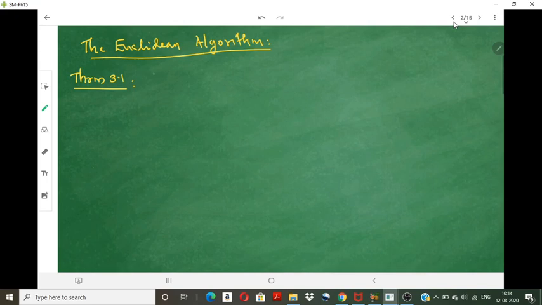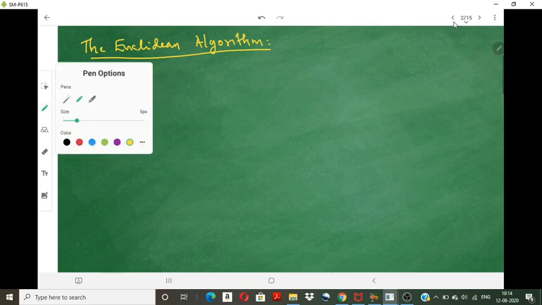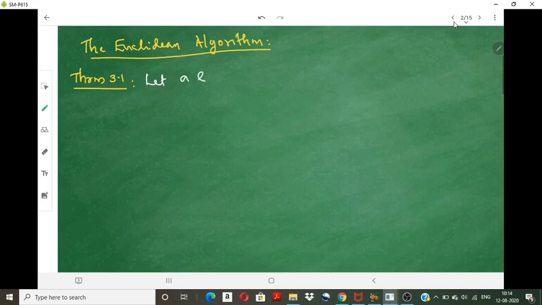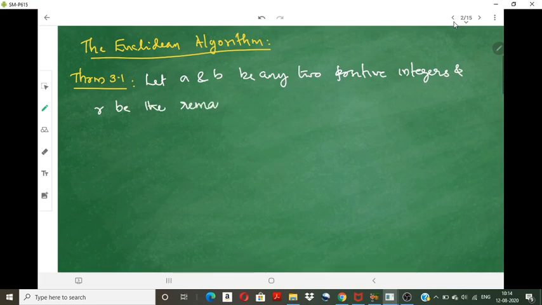Let a and b be any two positive integers, with a greater than or equal to b, and let r be the remainder obtained when a is divided by b.